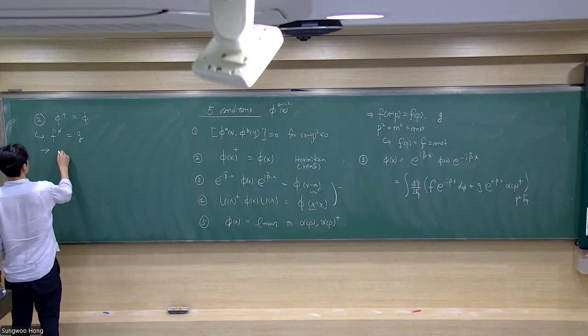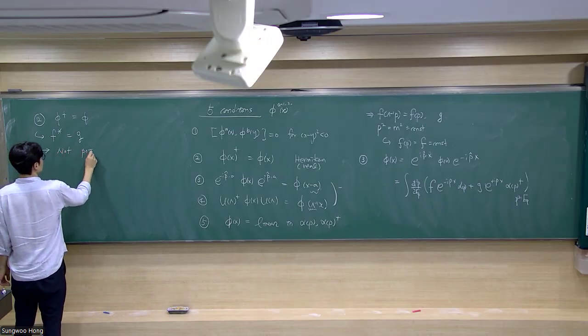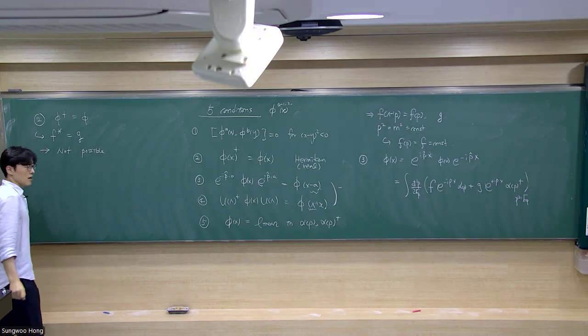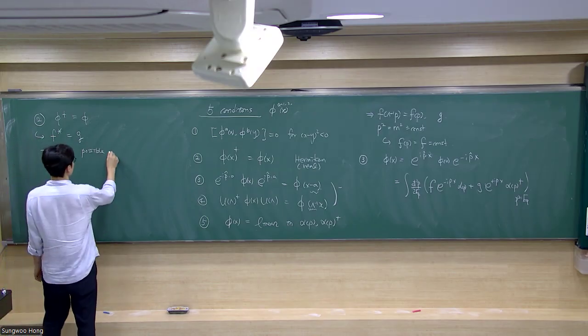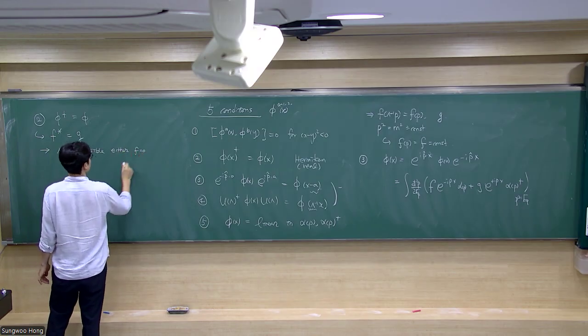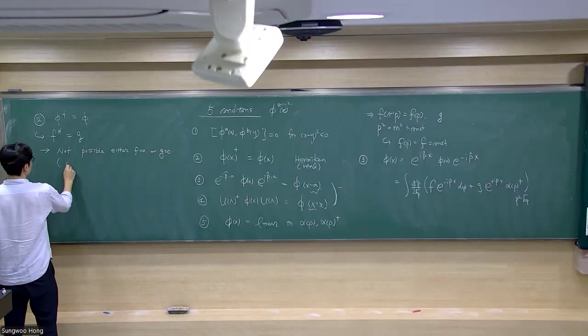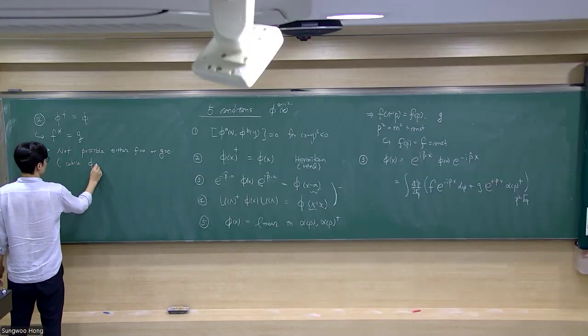So therefore, this means, as one of the meanings, that it's not possible that either f is 0 or g is 0 while still getting something non-trivial.